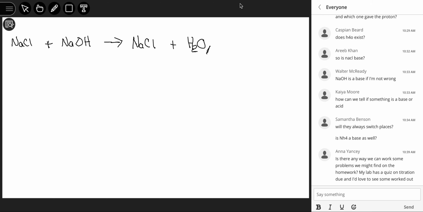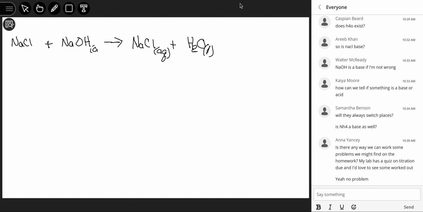All right, so we said that the water is going to be a liquid. Sure, no problem. Let me finish this one first, and then I'll get to titration. All right, and then this was aqueous. Remember, aqueous just means dissolved in water. Right, so this is called the molecular equation. My stylus is skipping today.